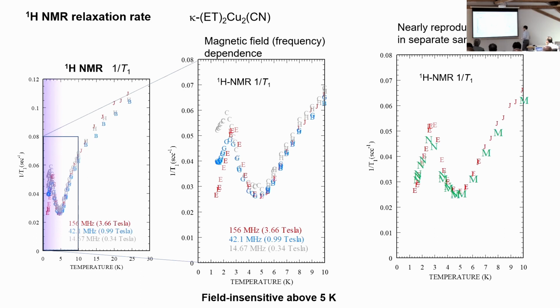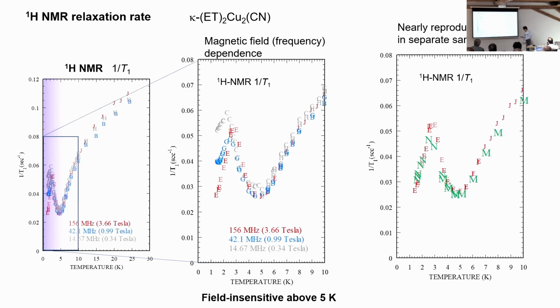So this feature appears inconsistent with an impurity effect. Another feature of the peak formation in the relaxation rate is its reproducibility. This graph shows data taken for separate samples, and the two samples show nearly the same behavior.